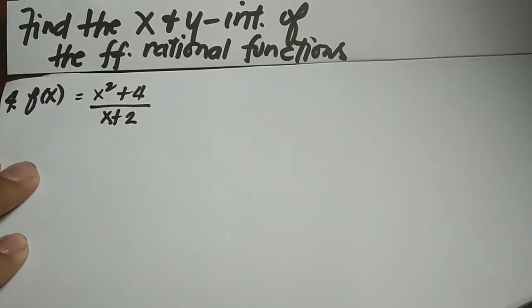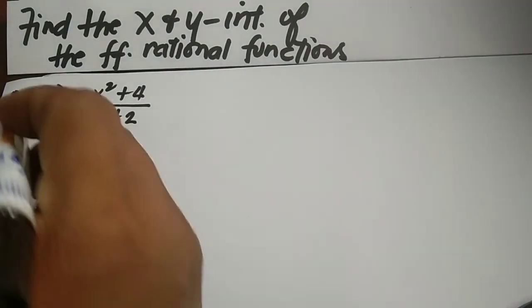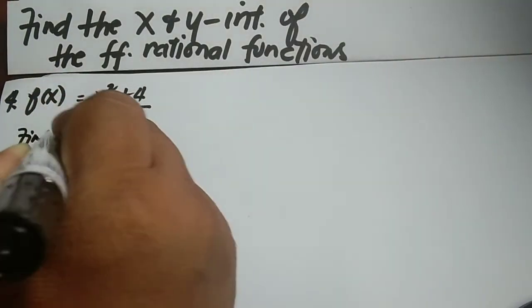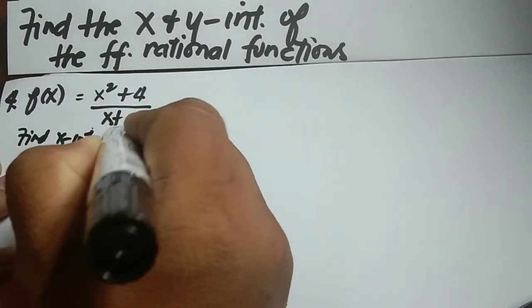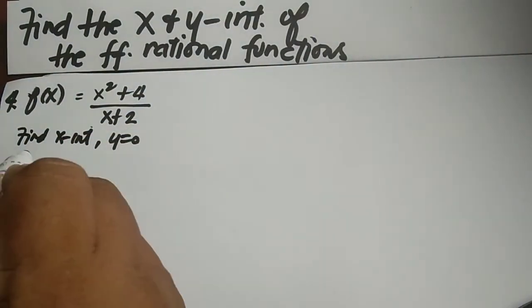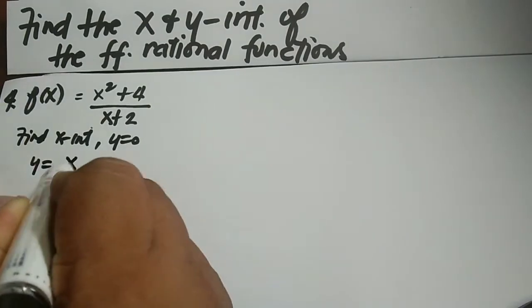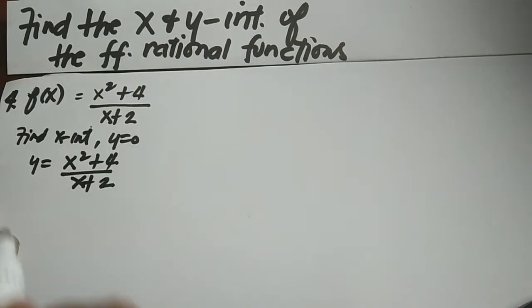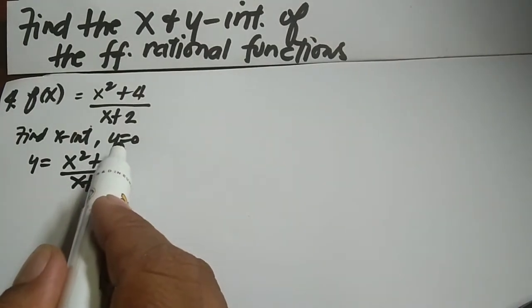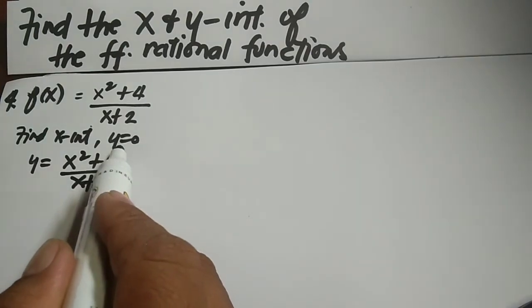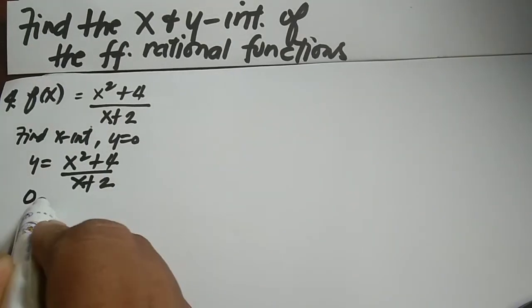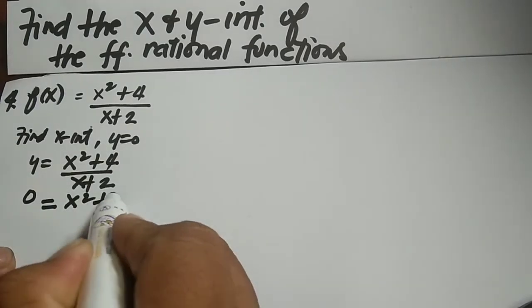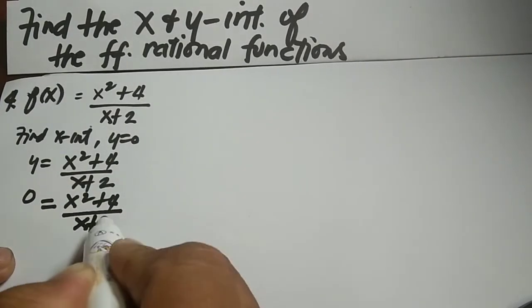Problem number 4. Determine the x and y intercepts of f of x equals x squared plus 4 over x plus 2. First we need to find the x-intercept, so let y equal 0. We have y equals x squared plus 4 all over x plus 2. Substitute 0 for y, so 0 equals x squared plus 4 all over x plus 2.